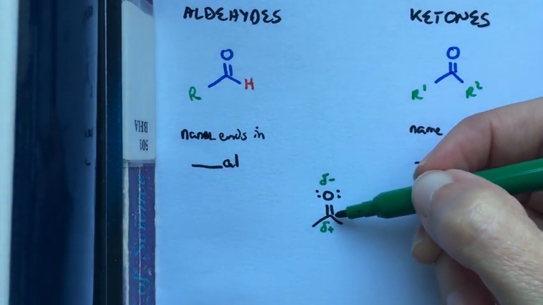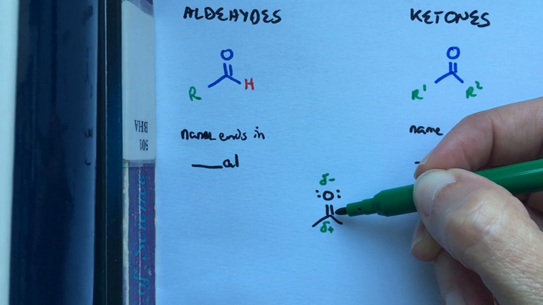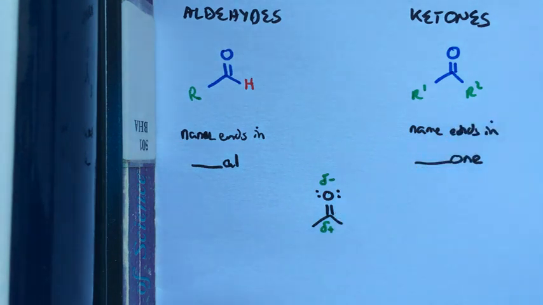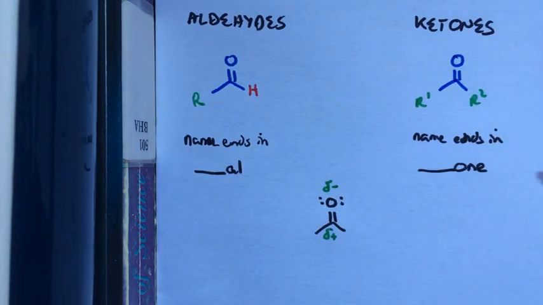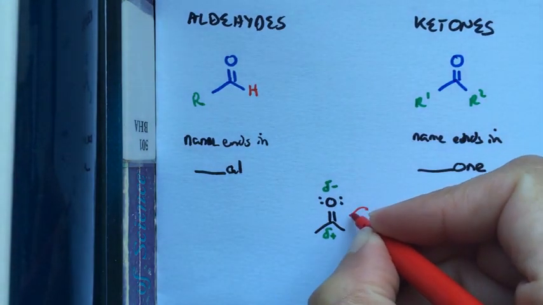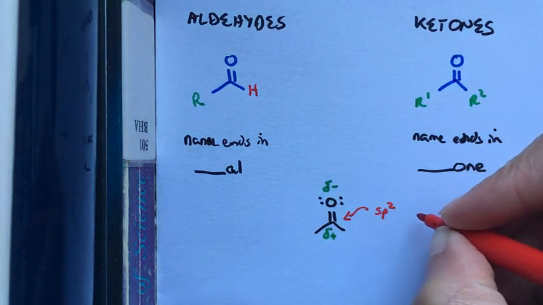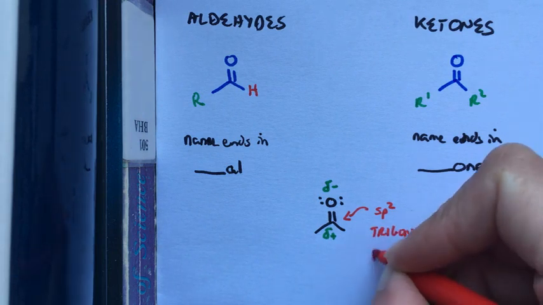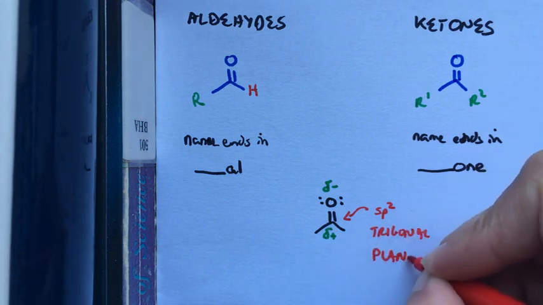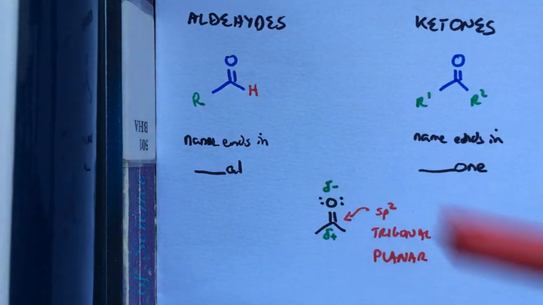That makes that carbon atom, the carbonyl carbon, an electrophilic center and so susceptible to attack by nucleophiles. And the other important thing to note there is that that carbon atom is an sp2 center. So that is, of course, trigonal planar. So there's trigonal planar geometry around the carbonyl carbon.